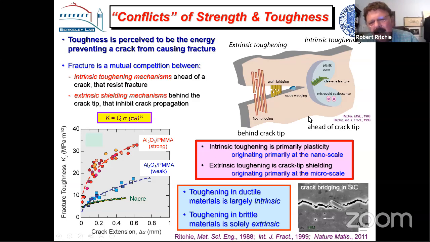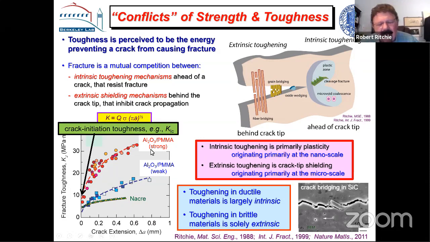And so when you have toughening which is occurring in the wake, you automatically get an R curve. And I've been trying to push this concept of toughness versus crack extension. There's a couple of R curves here for different materials. In toughness, everybody thinks of the crack initiation toughness, K1C and so forth.